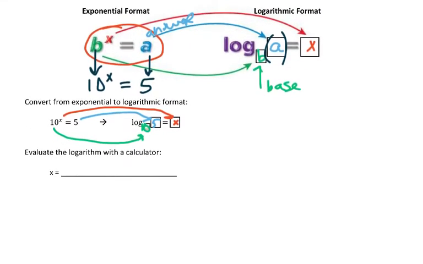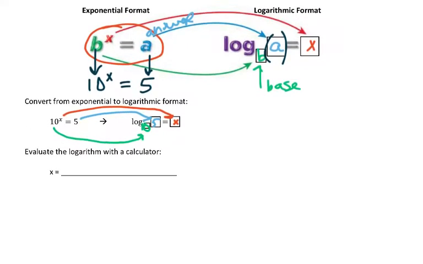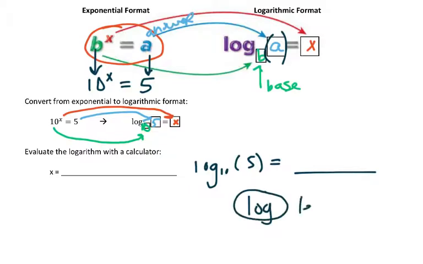So if we go ahead and evaluate the logarithm with a calculator, you're going to be able to type log base 10 of 5 and press equals, and we'll get our result. Your calculator, depending on which one you're using, and I would assume it would be the one on the internet, has a log button all the way on the left, and that is automatically a base 10.